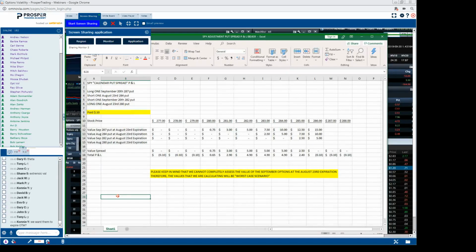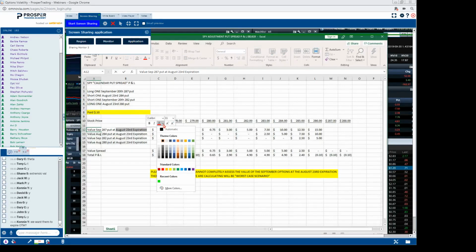Okay? So, again, at August 23rd expiration, guys. And let me see if I can actually just highlight that here, because that is really, really imperative. You know what?